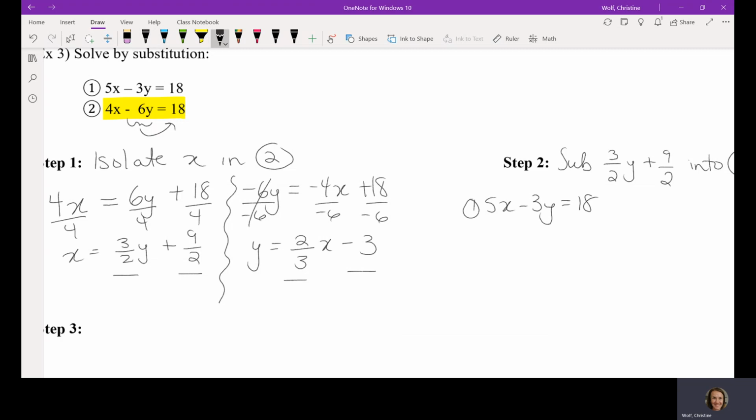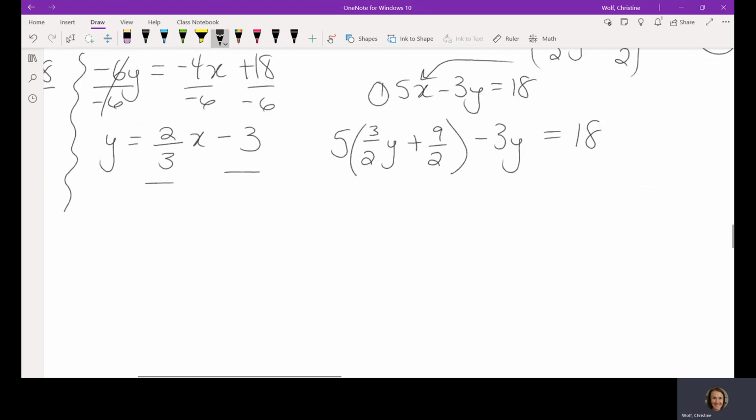Where I see an x, I sub it in with that, because x equals this. So it becomes 5, now open bracket, 3 over 2y plus 9 over 2, close it up, minus 3y equals 18. So all I did was replace x with that.